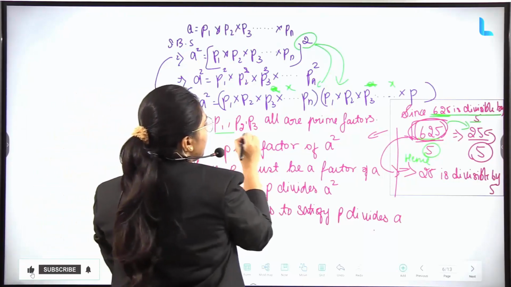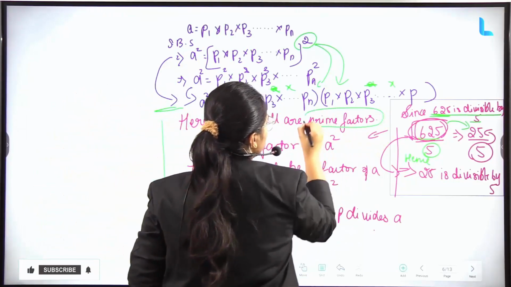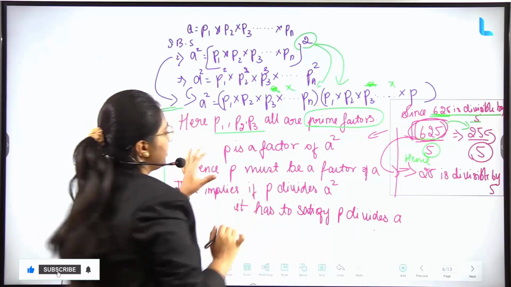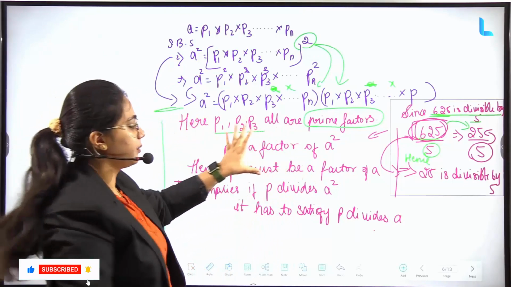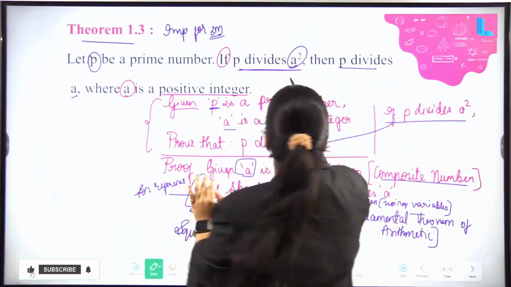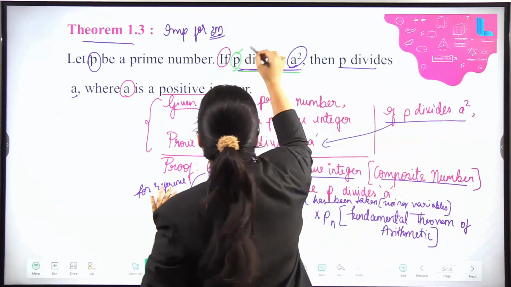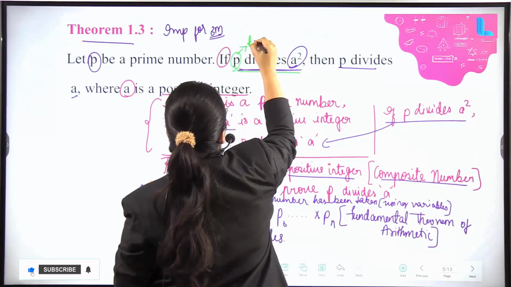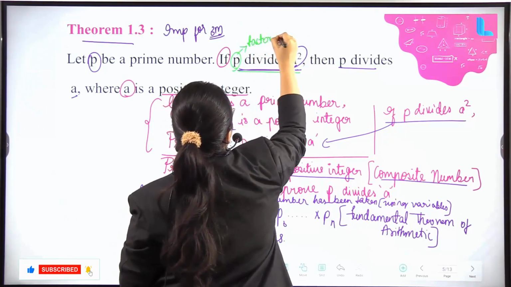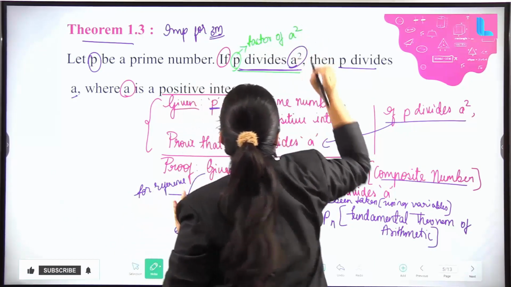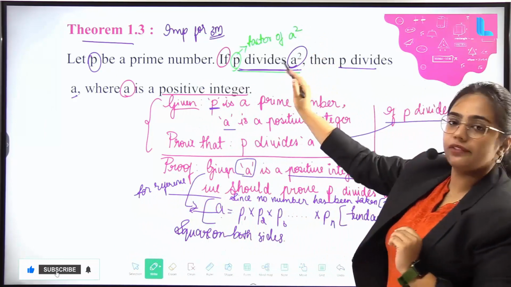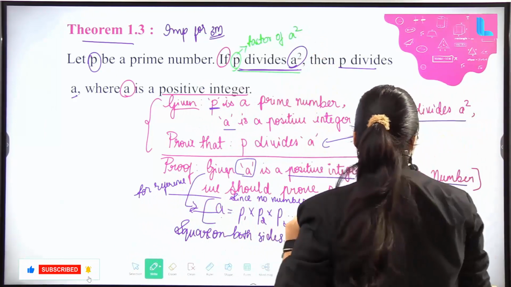Here P1, P2, P3 are all prime factors. P is a prime factor of A square. This is all. See, P divides A square is nothing but P is a factor of A square. Okay, it is already given in the question that P divides A square.